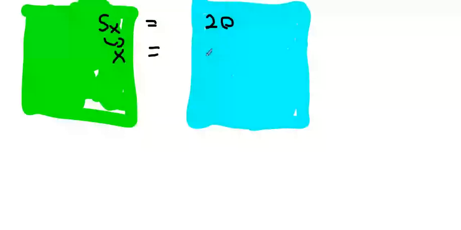X wants to be on its own, yeah? You bring the 5 over, yeah? And what does it turn into? Why didn't it turn into minus 5? It's multiply, and multiply turns into divide. So 20 divided by 5? 4. Is that okay with you guys? Any questions in this section?